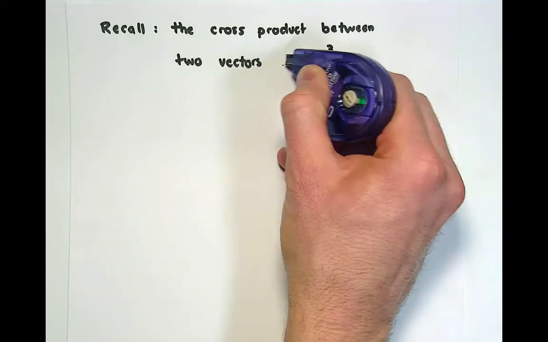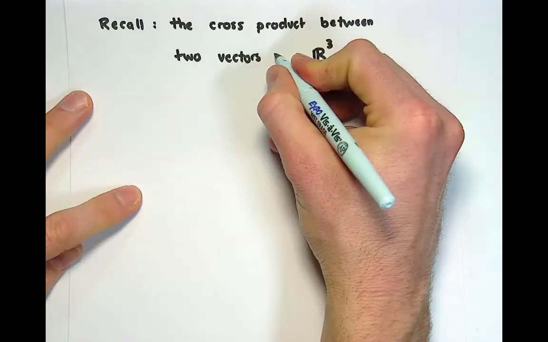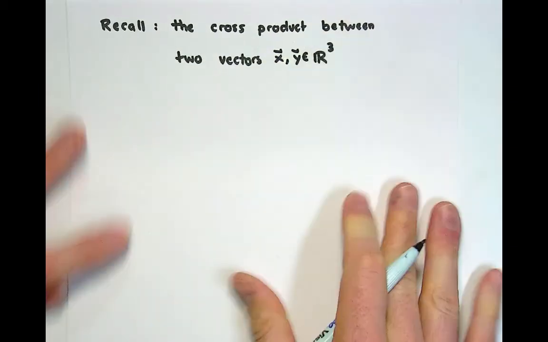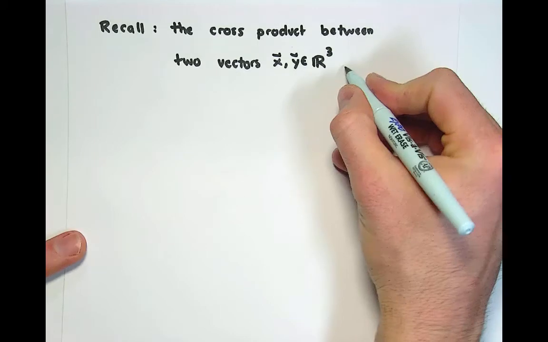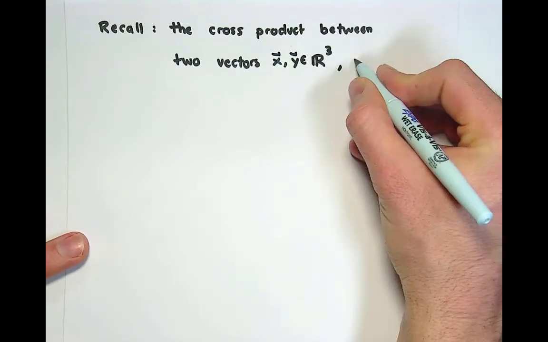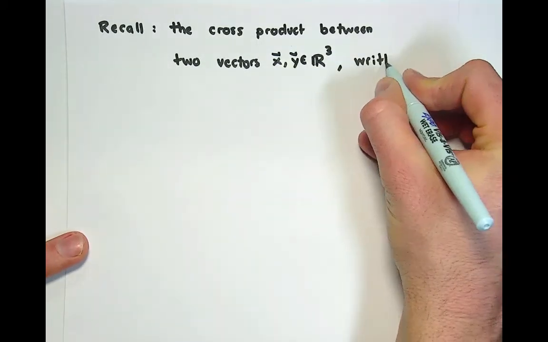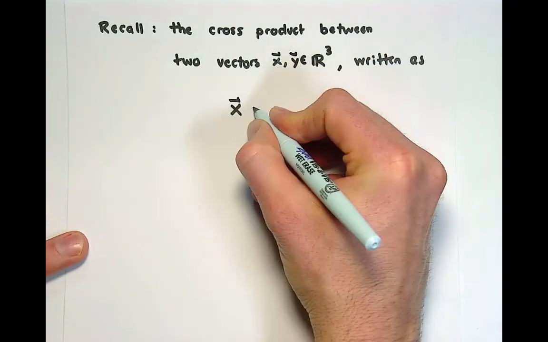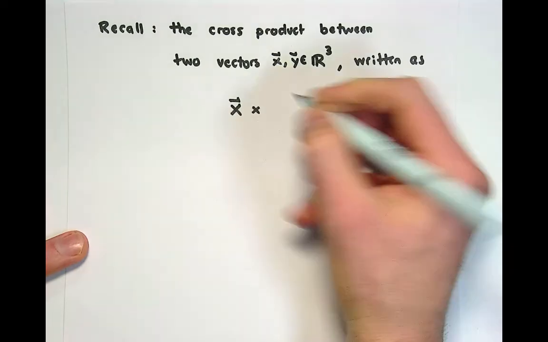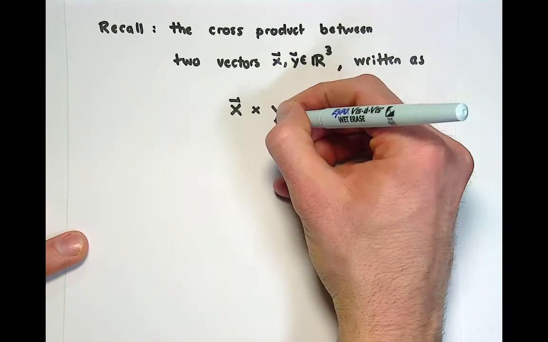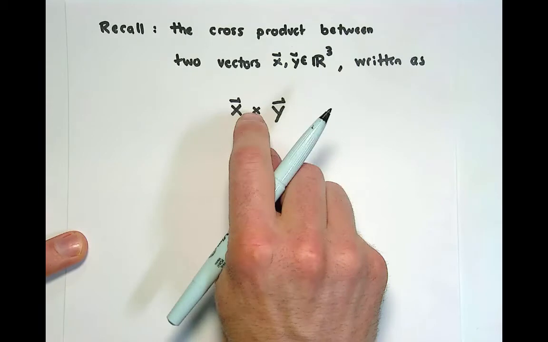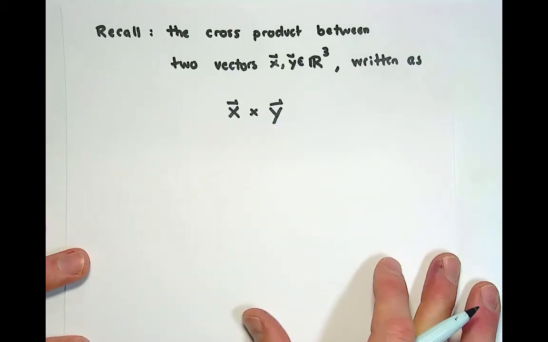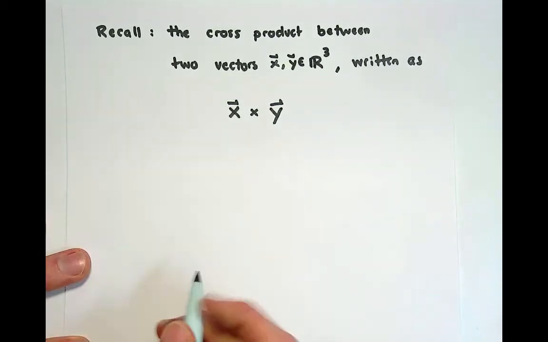So perhaps we say two vectors x and y in R3. We will write this cross product as x, and then I like to write the little times symbol a little smaller in between than I write my vectors, just so that there's no way that I'm confusing this with a letter x. So this is how we write the cross product.